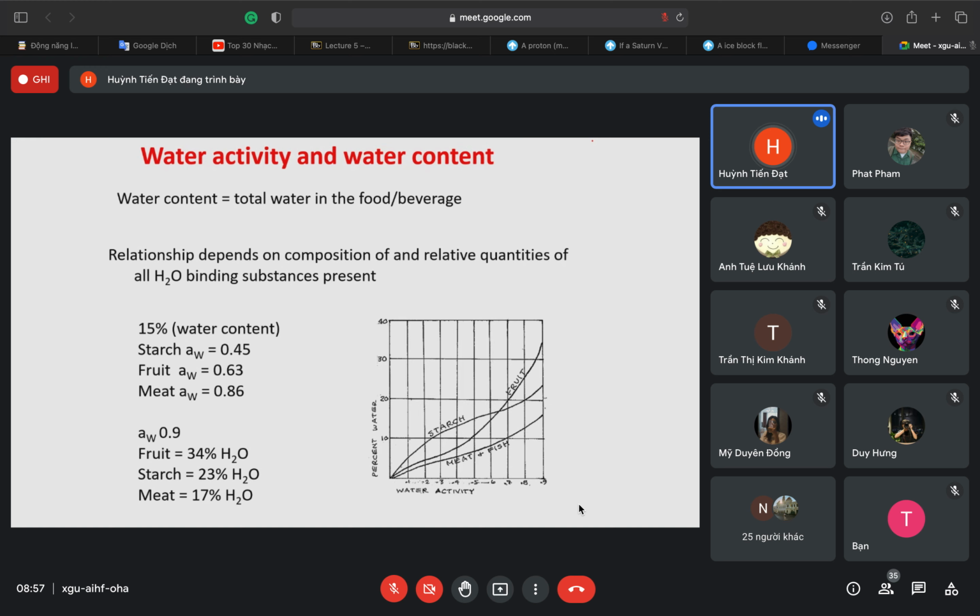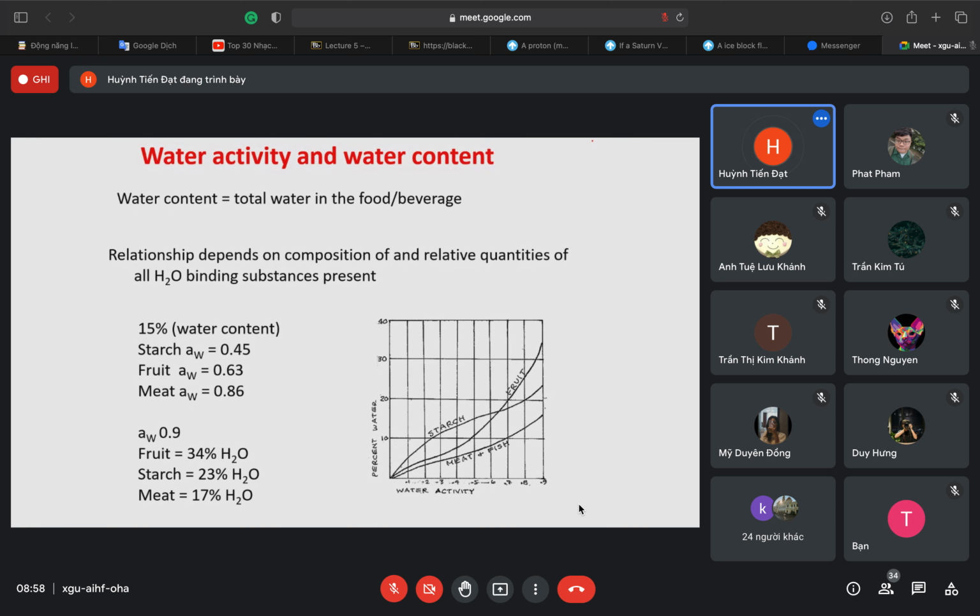It is very similar for all three products: we have the starch, the fruit, and the meat. For the starch, the water activity is only 0.45. For the fruit, it is 0.63, and for the meat, it is 0.86. So you see that the way the food material binds the water is different.